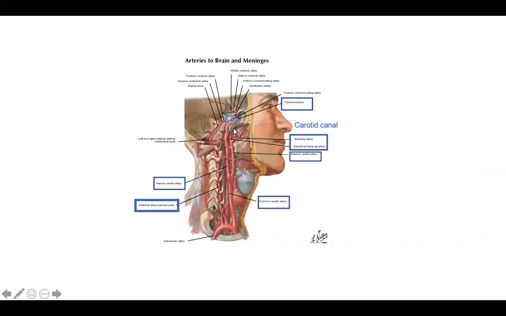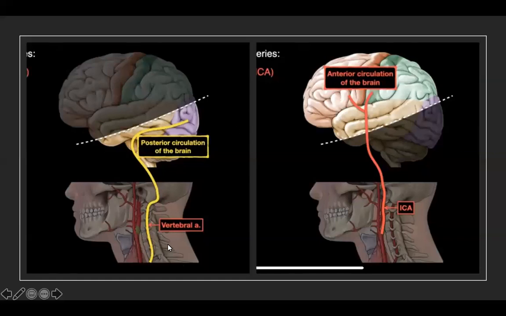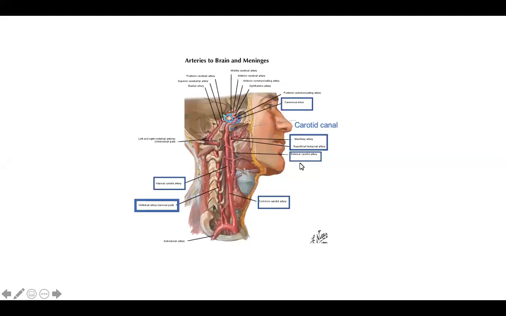Whereas the posterior circulation, it's the vertebral artery, so it will be running along the vertebra. You have two vertebral arteries that will unite to form one basilar artery, and then that basilar artery will give you terminal branches to supply the posterior part of the brain. So this is the oblique line that separates the anterior circulation from the posterior circulation, okay? And this is just a more detailed image.